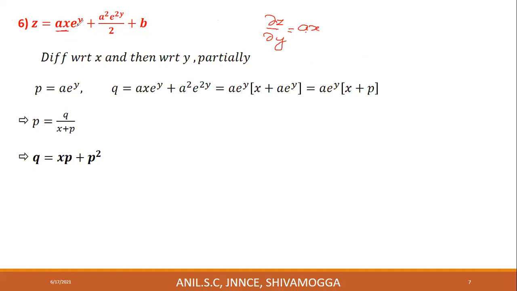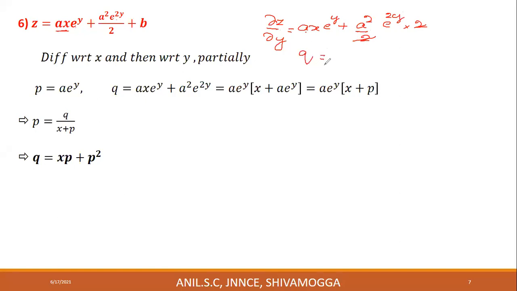And derivative of e power y partially with respect to y is e power y itself, plus a square divided by 2 into e power 2y. Derivative of e power 2y is e power 2y into derivative of 2y partially with respect to y, which is 2. Now cancel this 2 with this 2. Del z by del y is denoted by q.